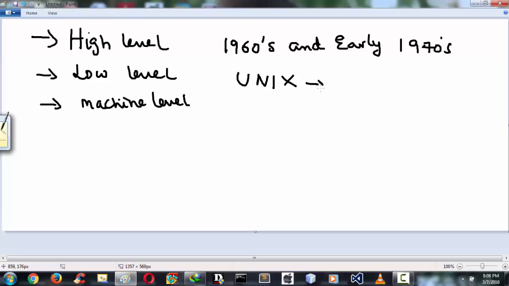Unix was designed by this great human being, Dennis Ritchie, who is considered the father of Unix and also the father of C.